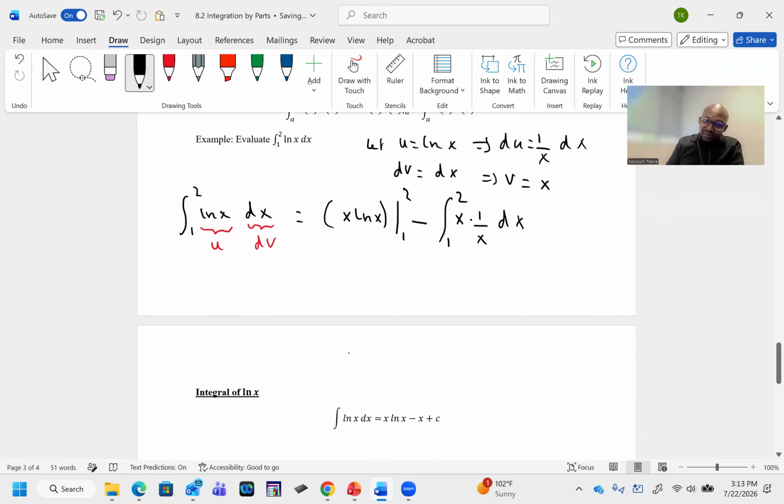Okay? So if I substitute right here, I will get what? Substitute 2, we'll get 2 ln of 2. If I substitute 1 times ln of 1, which is 0, right? So minus 0. So do not forget, this is u times v, this is v du. So now minus the integral of x times 1 divided by x, which is 1, right?